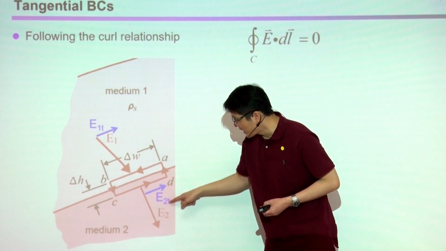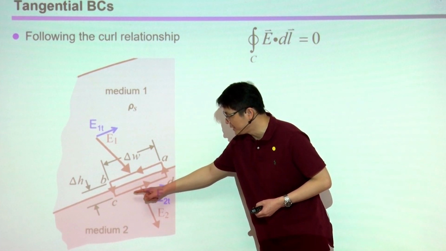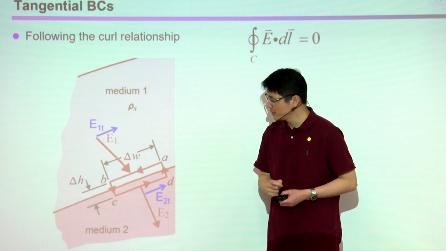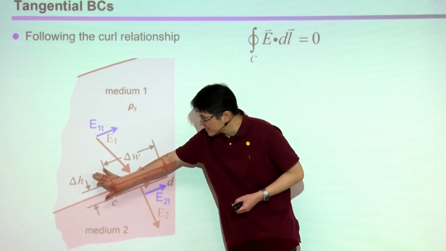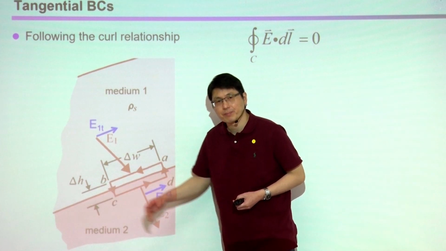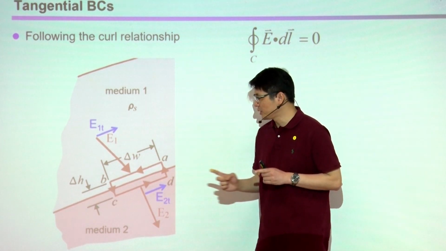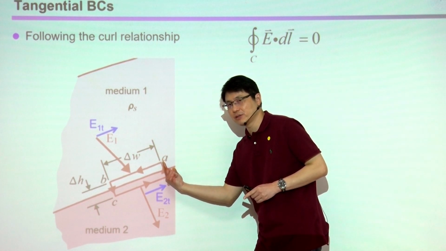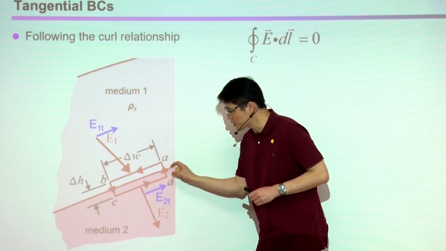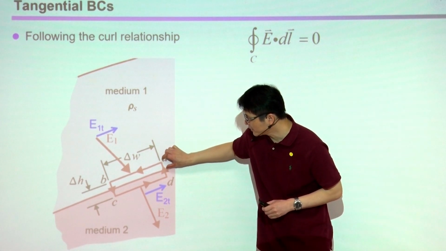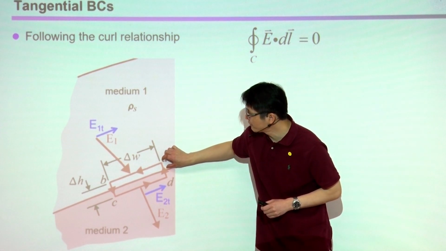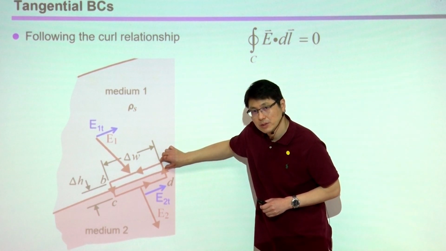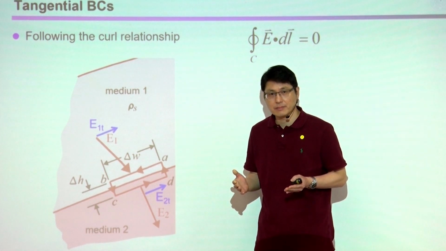This is my tangential field in the second medium multiplied by this length, delta W. If I don't make this height extremely small, I actually have to include the normal component of the field inside medium number 2 for this part, and the normal component of the field inside medium number 1 for this segment, which is very tedious.